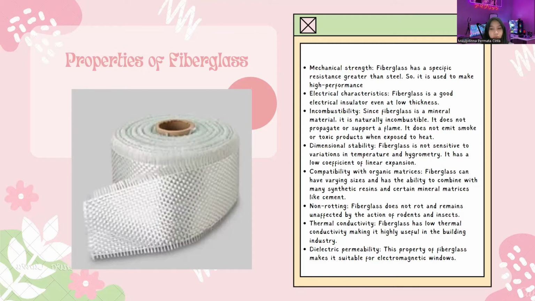And the next is non-rotting. Fiberglass does not rot and remains unaffected by the action of rodents and insects. And the next property is thermal conductivity. Fiberglass has low thermal conductivity, making it highly useful in the building industry. And the last property is electromagnetic permeability. This property of fiberglass makes it suitable for electromagnetic windows.